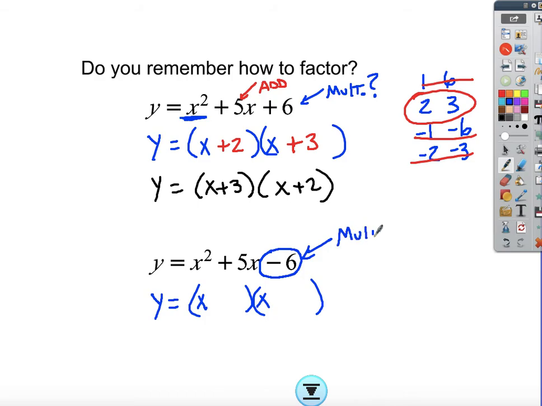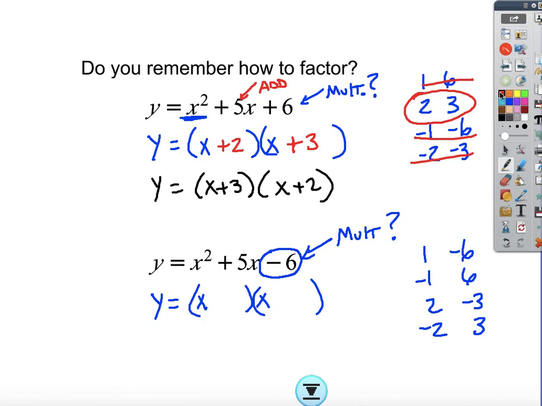So when two things multiply together to give you a negative, that means one of them has to be positive and one of them has to be negative. So I could have a positive 1 and a negative 6. I could have a negative 1 and a positive 6. I could have a positive 2 and a negative 3, or a negative 2 and a positive 3. All of these multiply to negative 6.